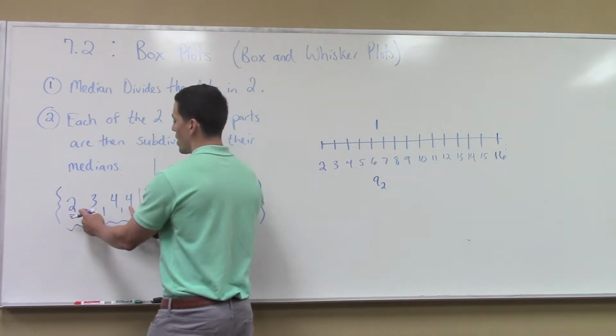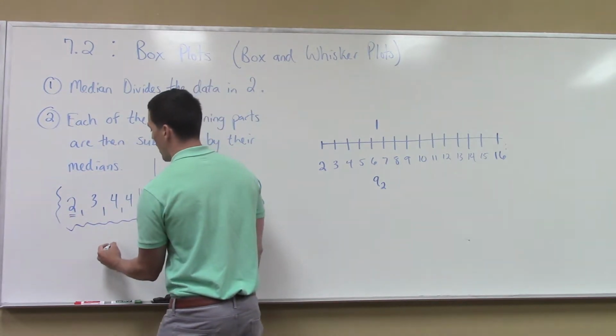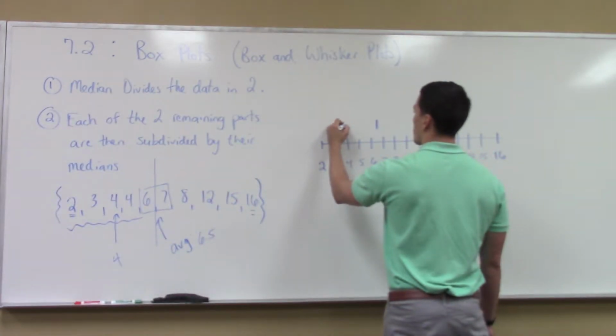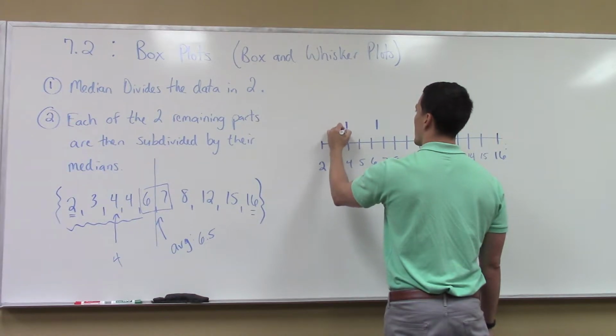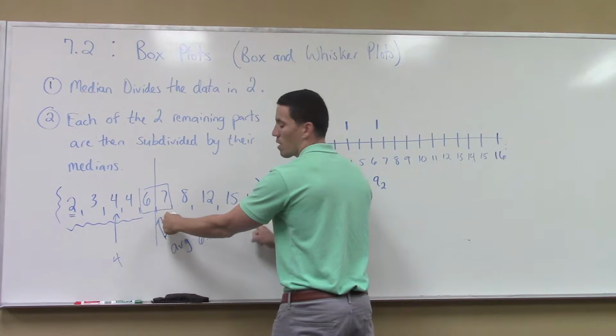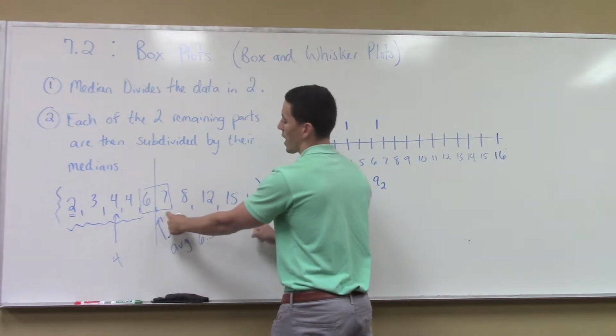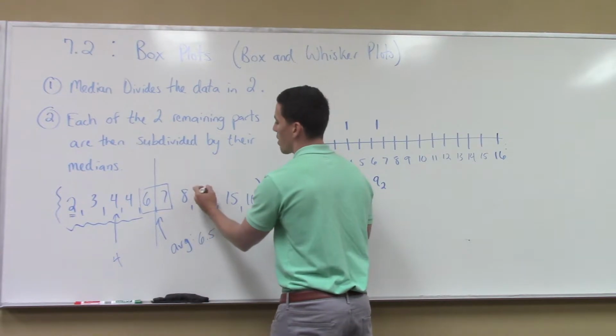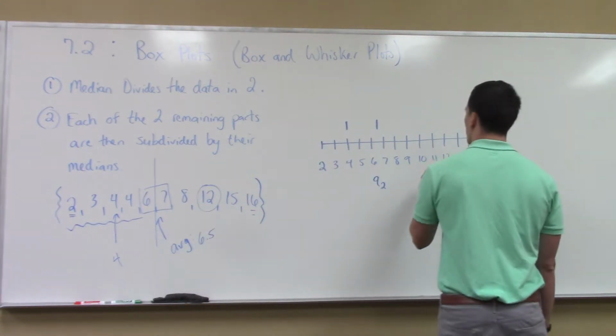So the median of this is 4. I'm going to go back to my graph and draw another vertical line at 4. Then I need to find the median of this higher half of the data. Following the same process, I arrive with the median being 12.